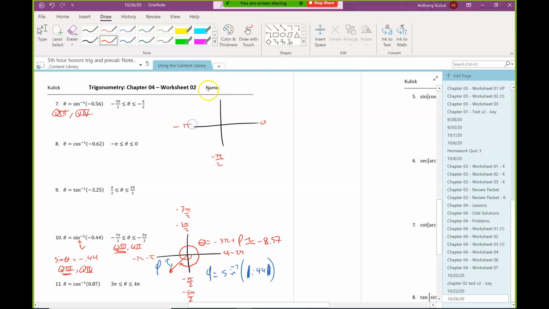Negative pi. And then negative 3 pi over 2 is up here. So this is dealing with quadrants 3 and 2. So the answer I want is in quadrant 3. So there's my angle theta. And this is my phi.